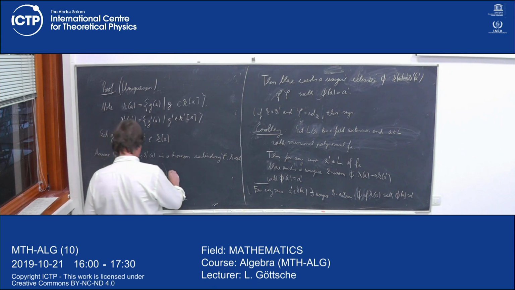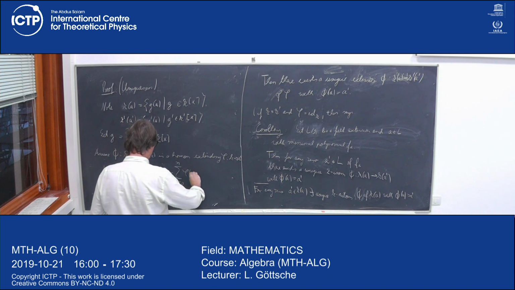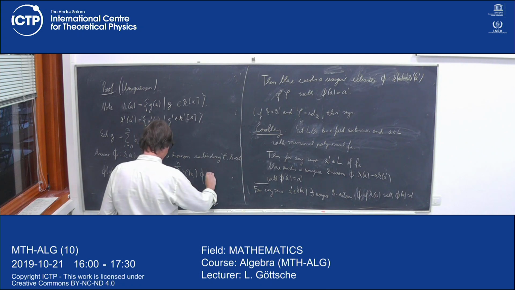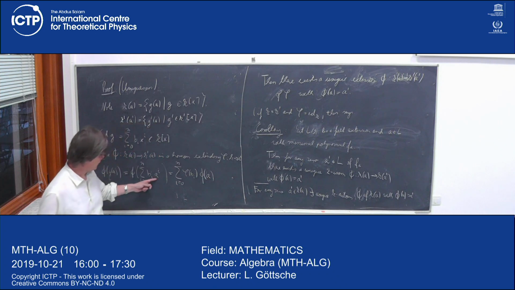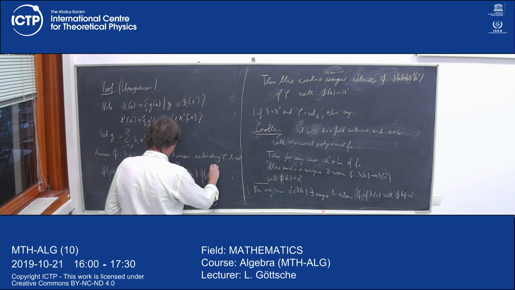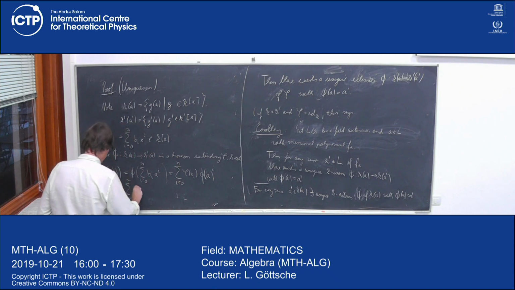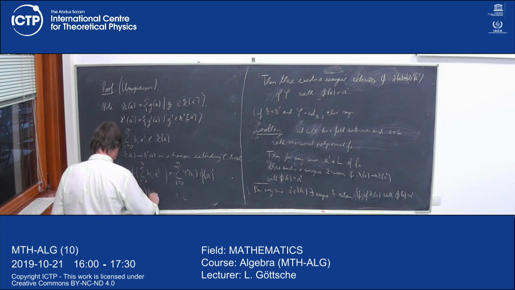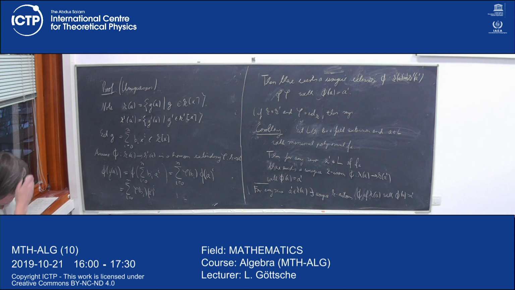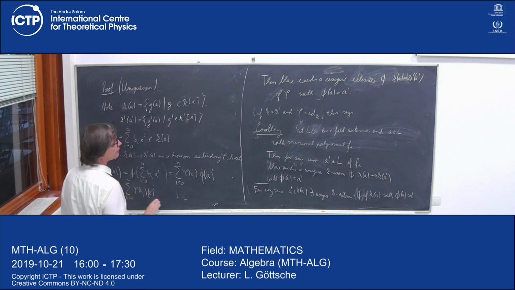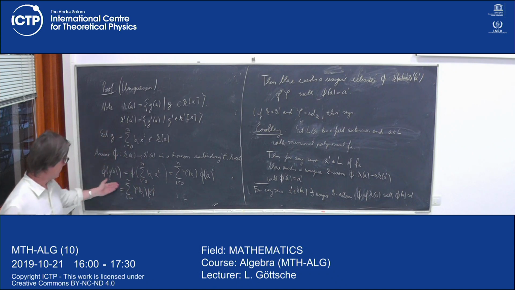Therefore this is equal to the sum for i equals 0 to n of phi of b_i times big phi of a to the i, but this also pulls out. So this is equal to the sum for i equals 0 to n of phi of b_i and a prime to the i. If you want, you can write this according to what I wrote before. That's not very important. Anyway, this completely determines it.